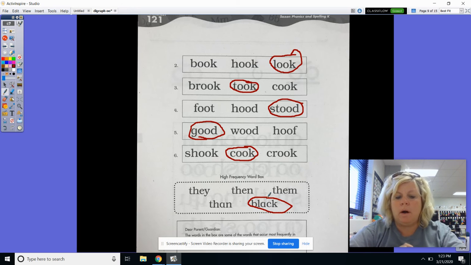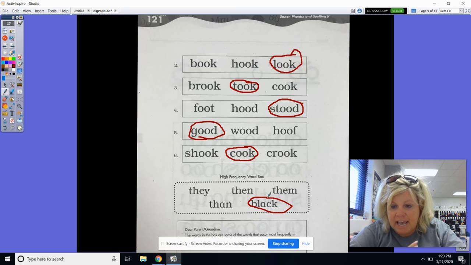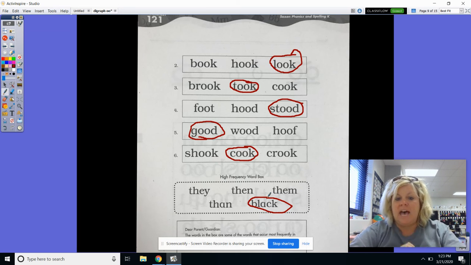Let's do one more I spy. I spy a sight word that has a 2-letter sight word in it. I spy a sight word that contains or includes a 2-letter sight word. There might be more than 1 or 2 or 3 or 4. Look right here.